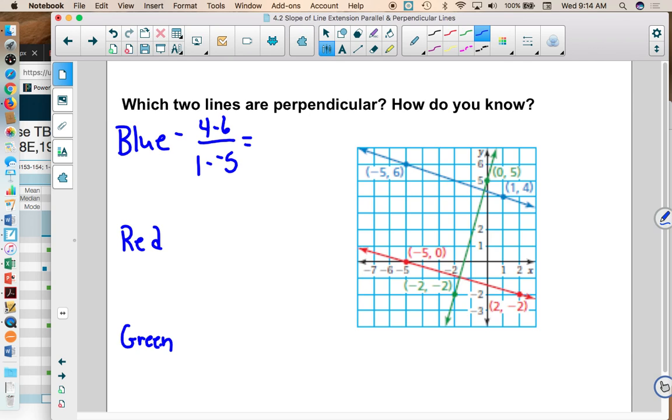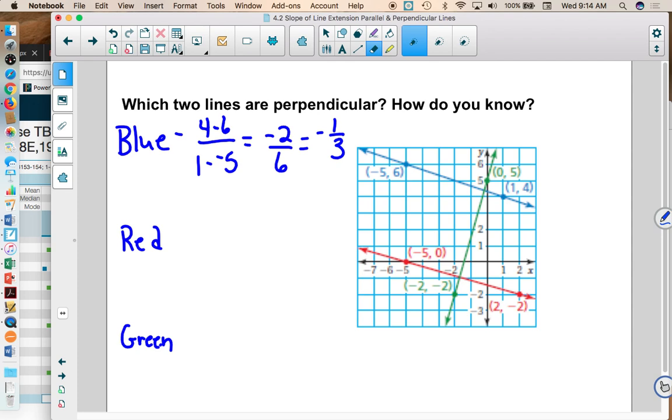Of the blue line? Negative 1/3. You said -2/6. Okay, which is the same thing as -1/3, correct?